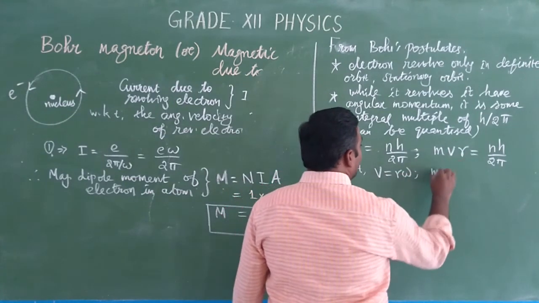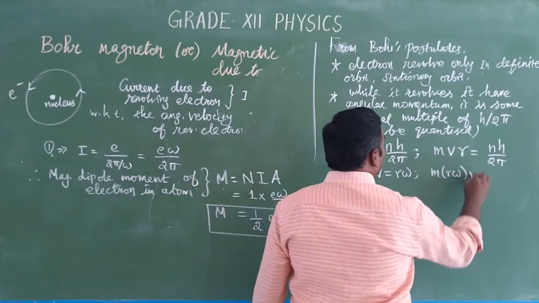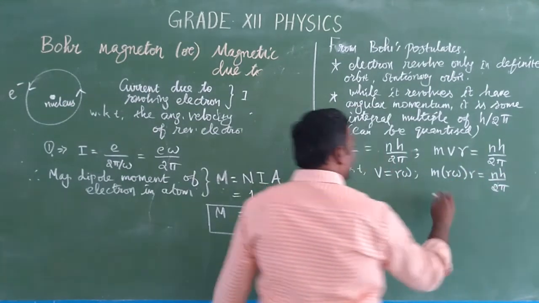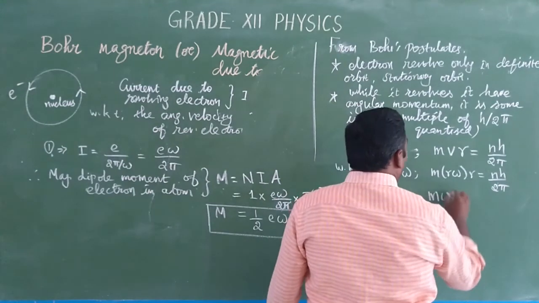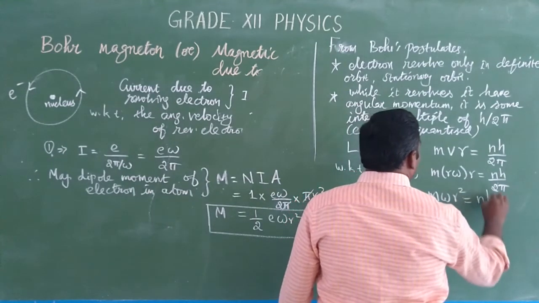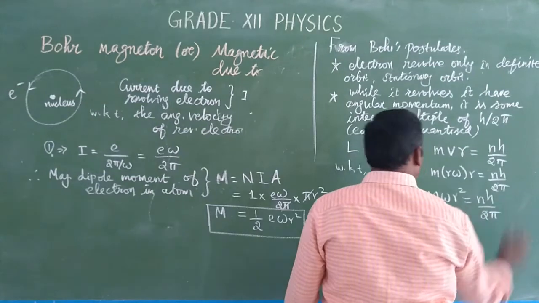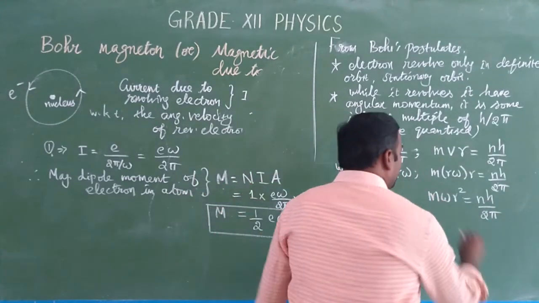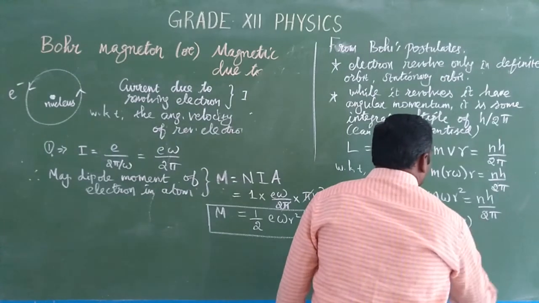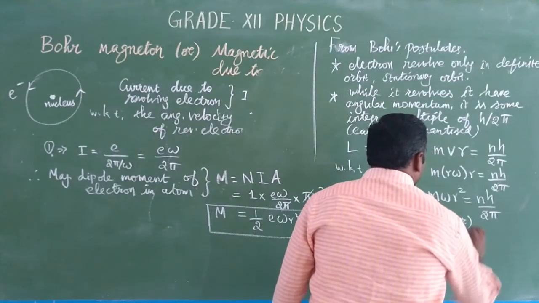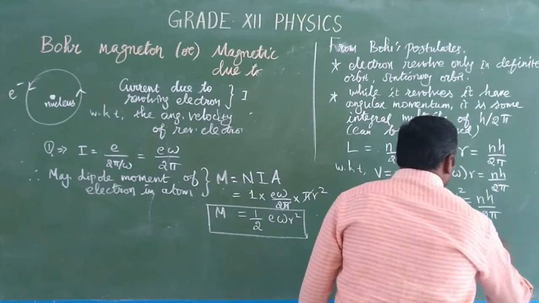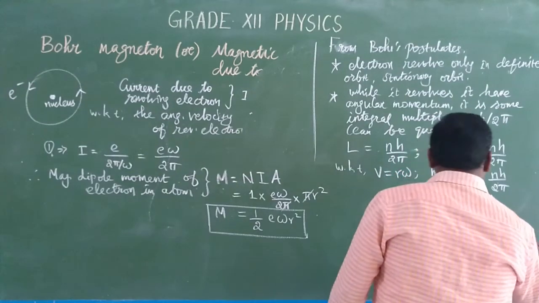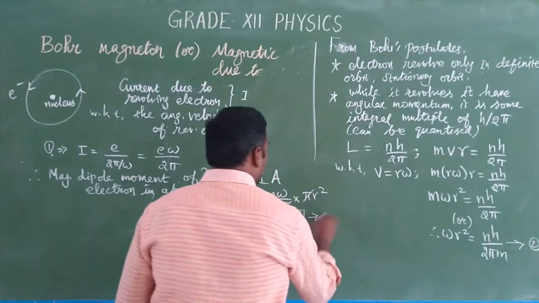Then m into r omega into r is equal to nh by 2 pi. Therefore m omega r square is equal to nh by 2 pi. From this we get the value of omega r square, which is equal to nh by 2 pi m.